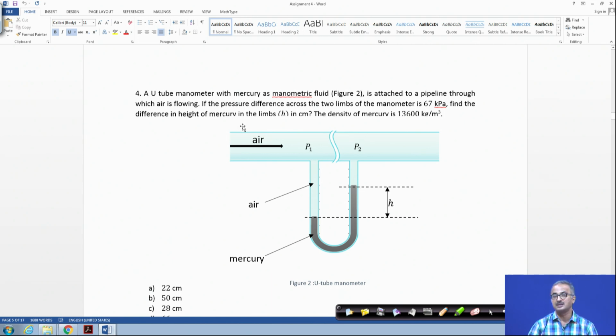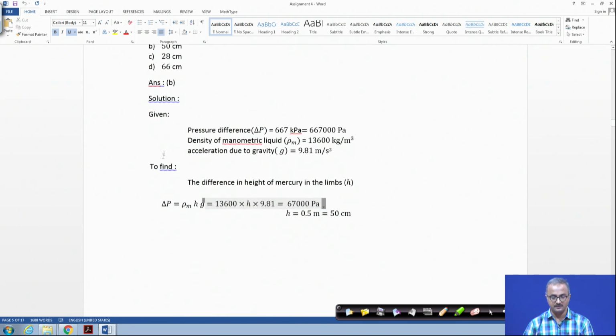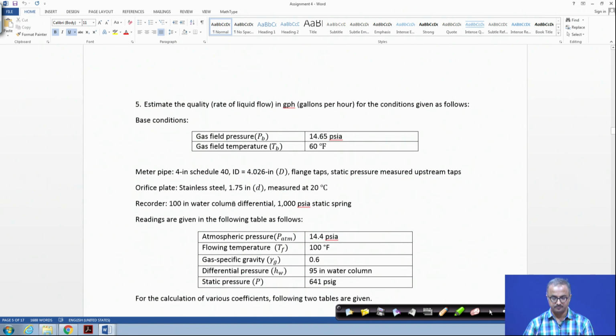Mercury has much higher density, about 13,600 kg per meter cube, whereas air may be taken to be around 1 kg per meter cube. Because of this high difference in densities, we neglect the effect of the air density and get this expression to find out the pressure drop.